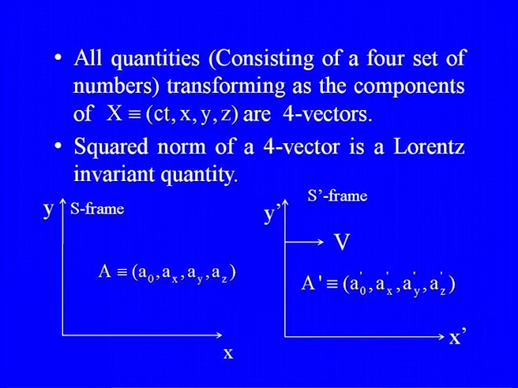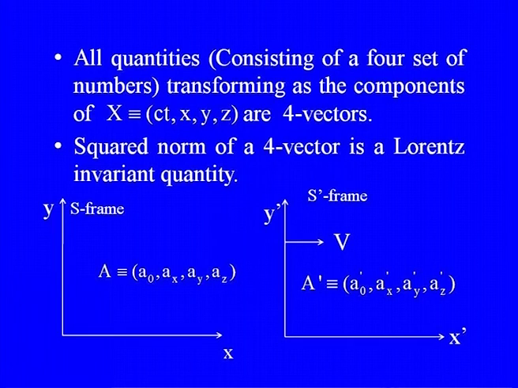To give an example, just think of any other 4 vector, let us say a general 4 vector, some vector A, okay. Remember, since I am using the word 4 vector and not a 3 vector, I have not put a vector sign on top of capital A. So in the S frame it has components A0, AX, AY, AZ, and in the S prime frame it has components A0 prime, AX prime, AY prime and AZ prime, and that is the 4 vector A prime, okay.